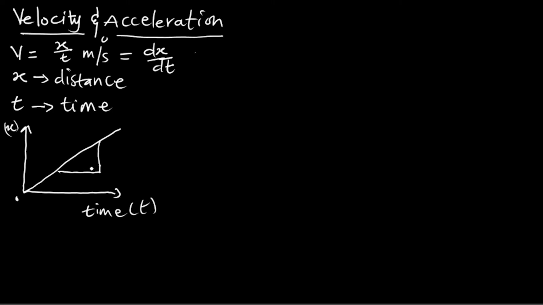Are we good? The gradient or the slope of the diagram, this becomes change in x and this will be change in t. Therefore, change in x to change in t becomes our velocity.